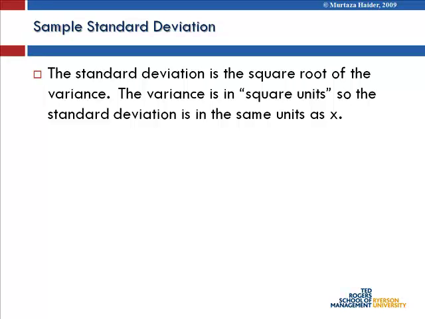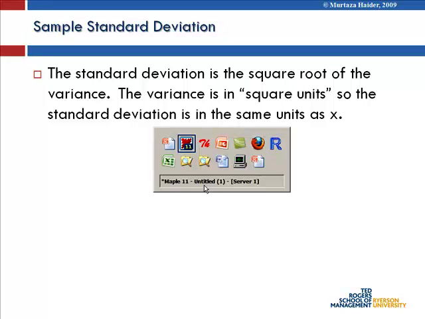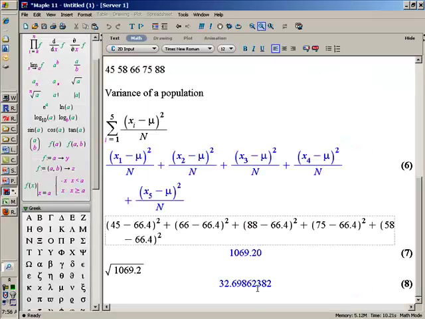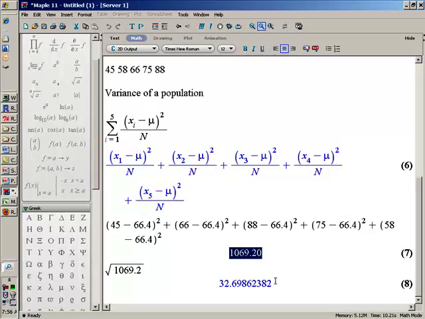For instance, if you are working with the grades obtained by students in a particular course, and the average value is 66.4 out of 100, and if you take the variance, then the variance would not be in the same units. The variance here is, in this case, 1069.2. When I take the square root of that variance, I get the standard deviation of 32.69, and that 32.69 is actually in the same units as the grade. So the average is 66.4 and the standard deviation is 32.69.